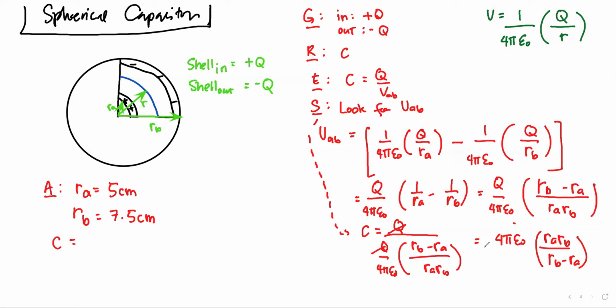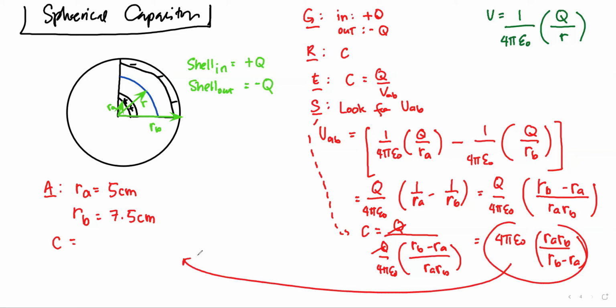4 pi epsilon naught, divided by RB minus RA. Okay, what is the capacitance in this case? Answer. Let's calculate. 4 pi times 8.85 times 10 to the negative 12.